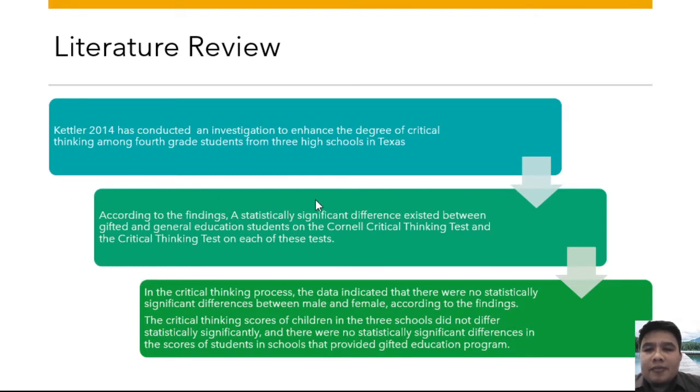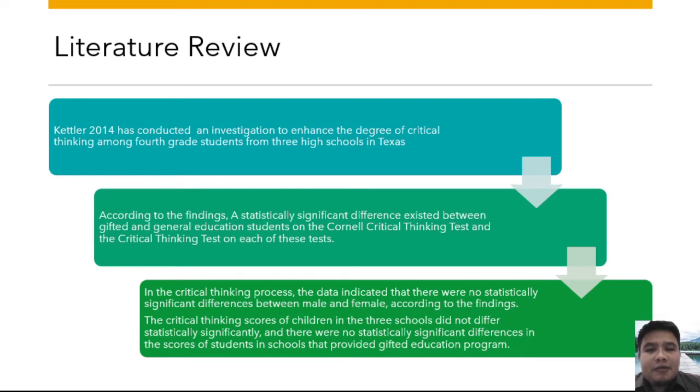And number 2, Kettler 2014 conducted an investigation to enhance the degree of critical thinking among 4th grade students from 3 schools in Texas. According to the findings, a statistically significant difference exists between gifted and general education students on the critical thinking tests.